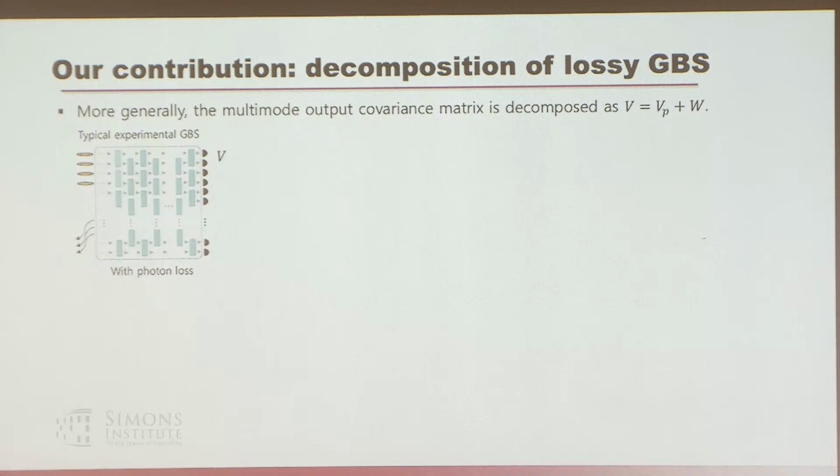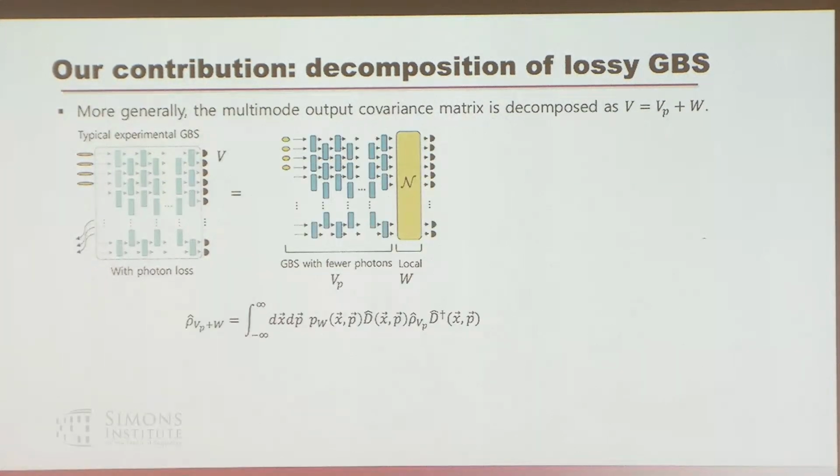And what we hope is to use the same decomposition as the previous slide. So what I promised is this decomposition. We have two different layers. The first layer looks like a noiseless Gaussian boson sampling circuit, and the second layer is a local operation. I assume one well-known fact in quantum optics: if you have a pure Gaussian state, it can always be decomposed into a Gaussian boson sampling type of circuit.